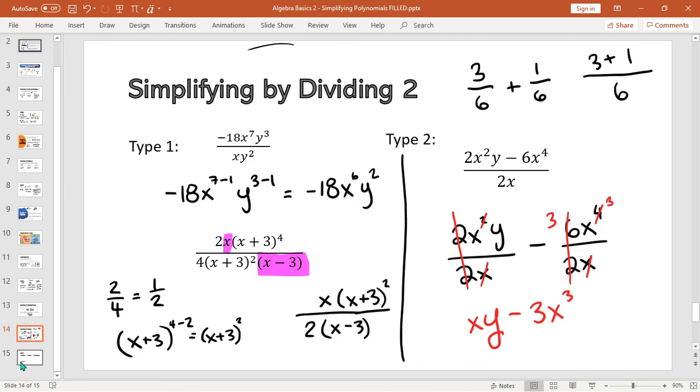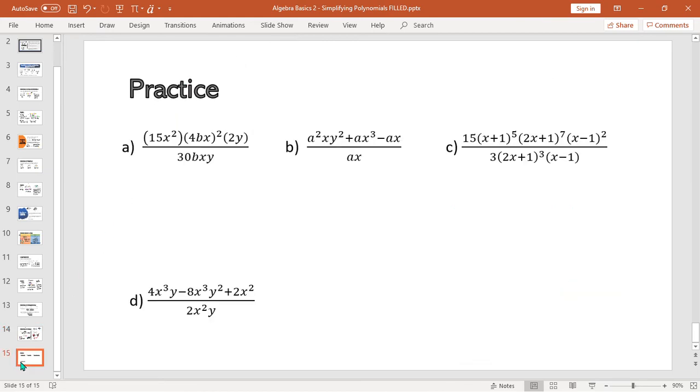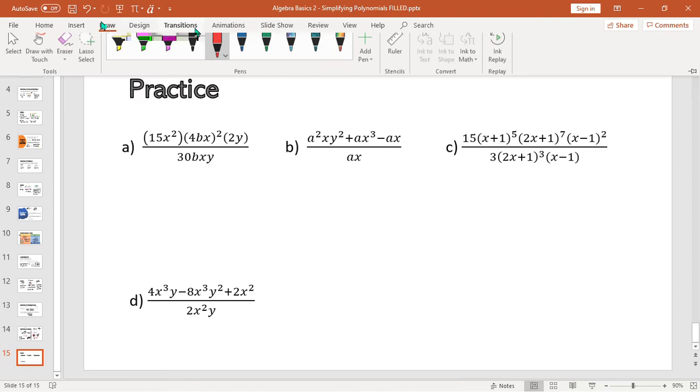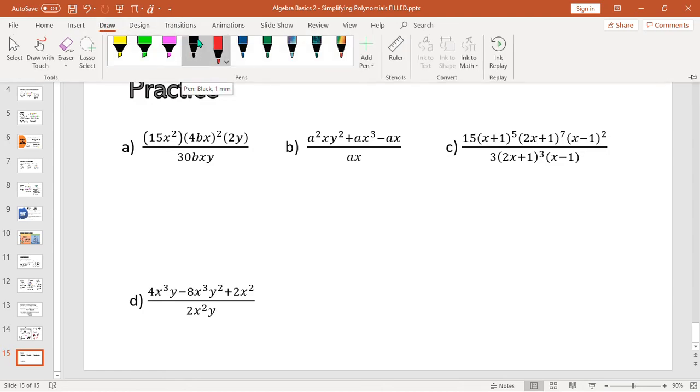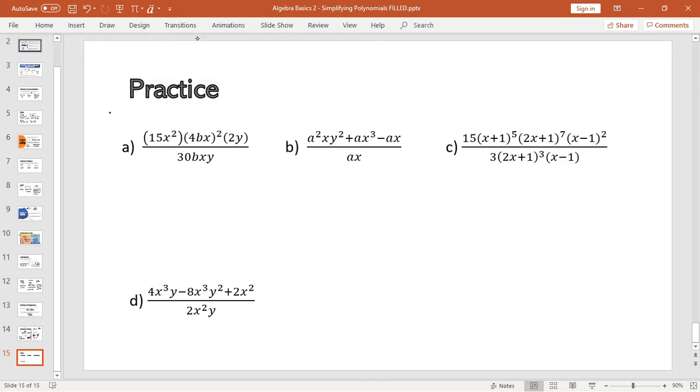So let's do our last slide, which may involve me moving stuff onto the next page. I'm not sure if we can fit it all. Okay, so this first example is busy, because there's some stuff I want to clean up in the top before I even get going. I want to use my exponent laws to combine these.